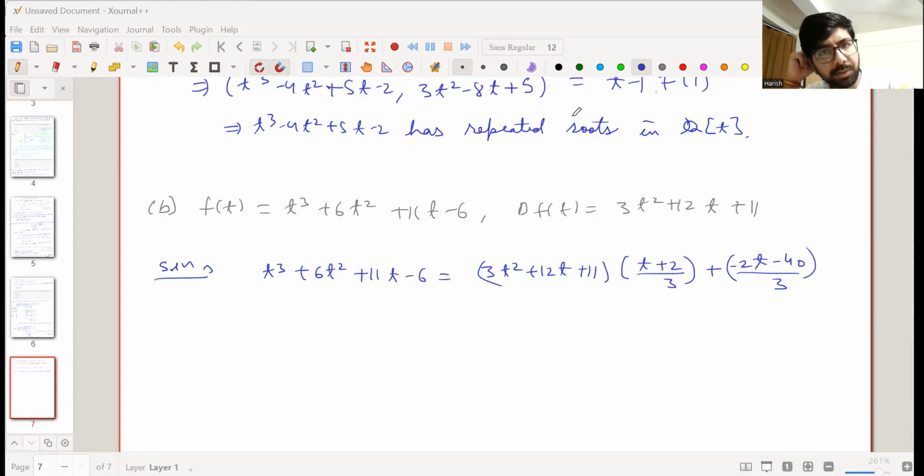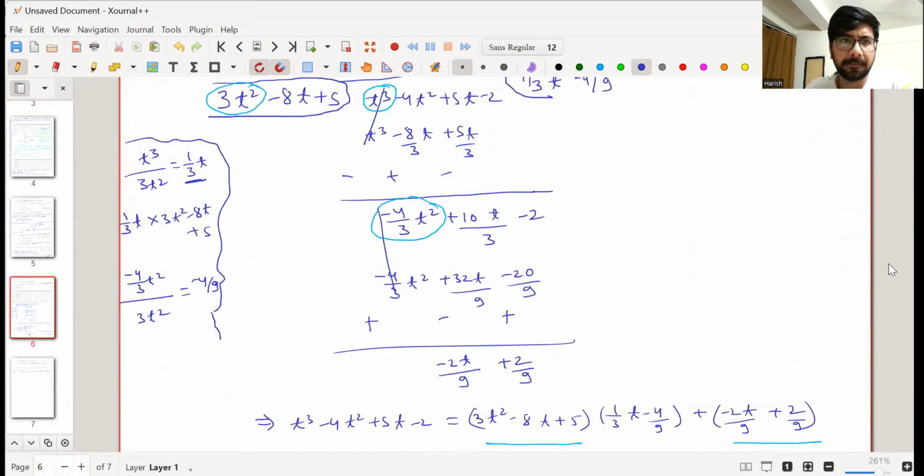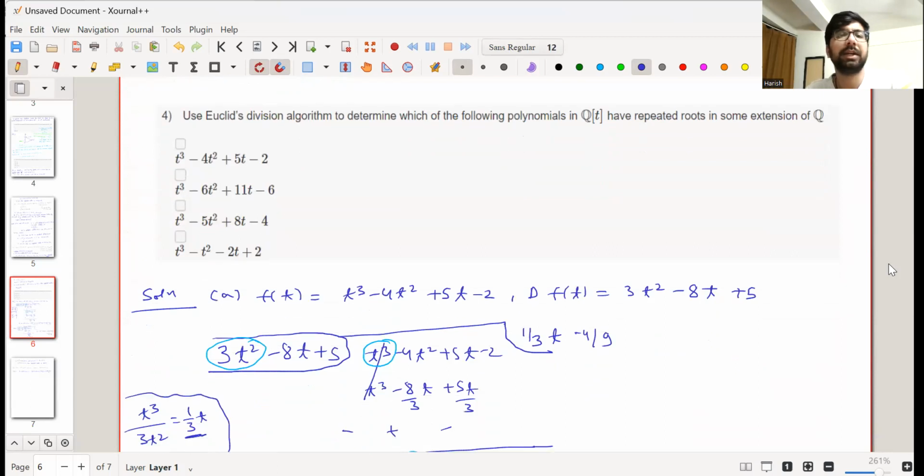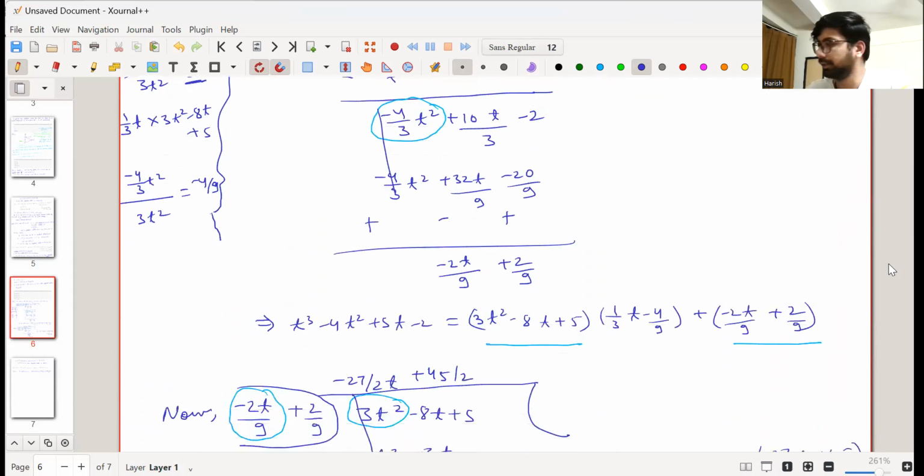I couldn't get you. You are saying for this or the last one, Vivek? Okay, anyway. You are saying the question is wrong? Oh, it is minus 6t square plus 11t minus 6.